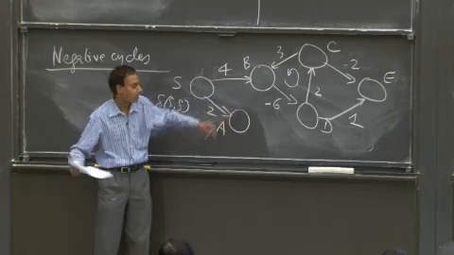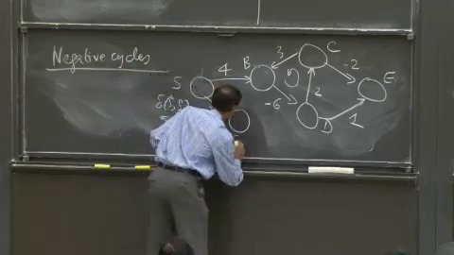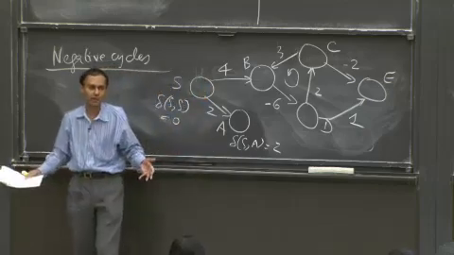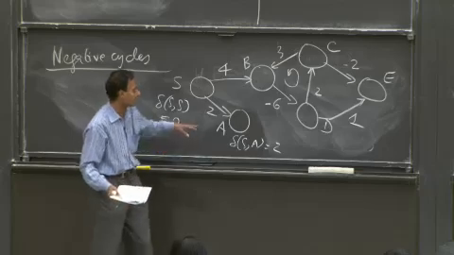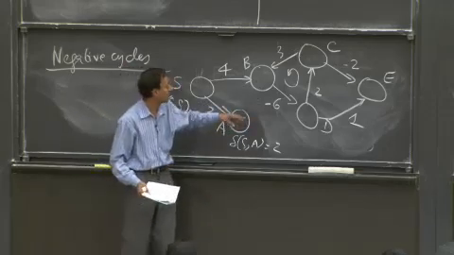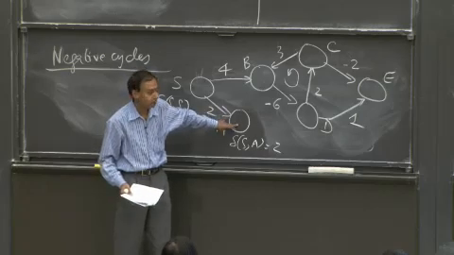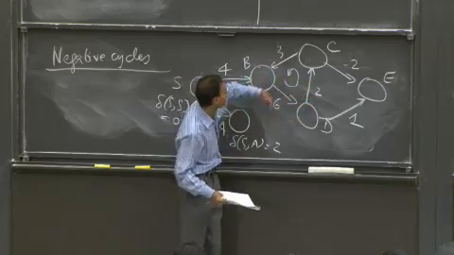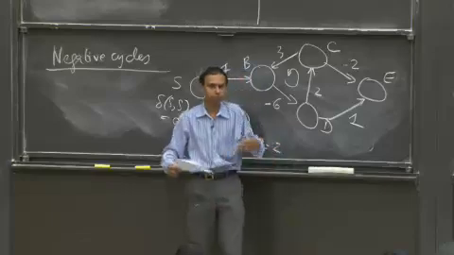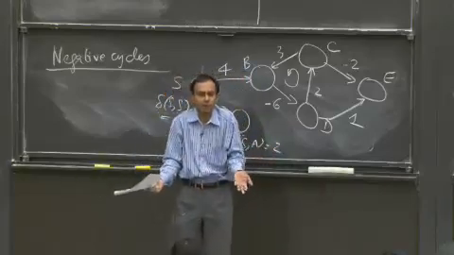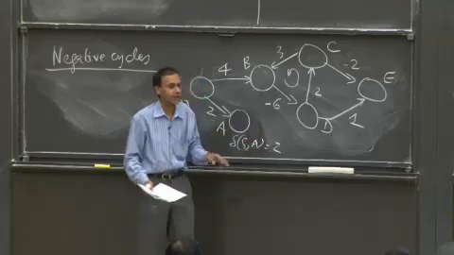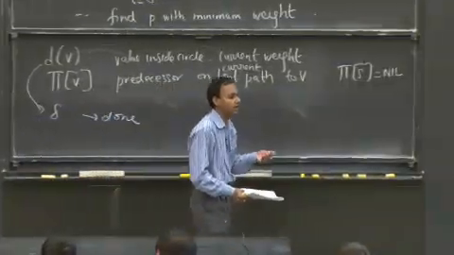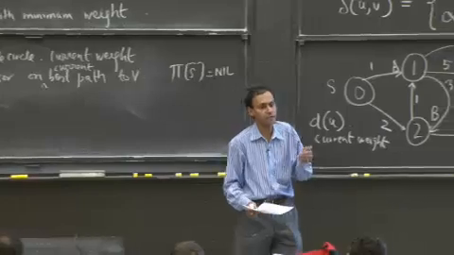Delta SA is 2, and everybody buys that because there's no way you touch a negative weight cycle to get to A. On the other hand, anything in here, you could run many times and end up with whatever weight you wanted. There'd be a minus infinity weight. So you want an algorithm that handles negative cycles, which are the hard part here. Negative weights aren't the hard part if you can't run through these edges more than once.